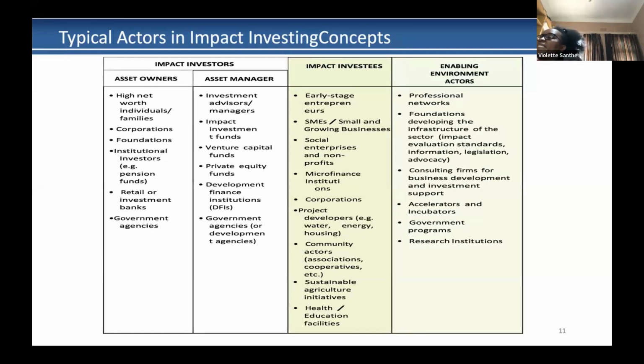Among the investees, you have early stage entrepreneurs, SMEs, corporations, and so on and so forth. But also in impact investing, the enabling environment is very key. So you need enabling environment actors like professional networks, foundations, consulting firms, accelerators, and incubators. All these are part of the enabling environment actors. Next slide, please.